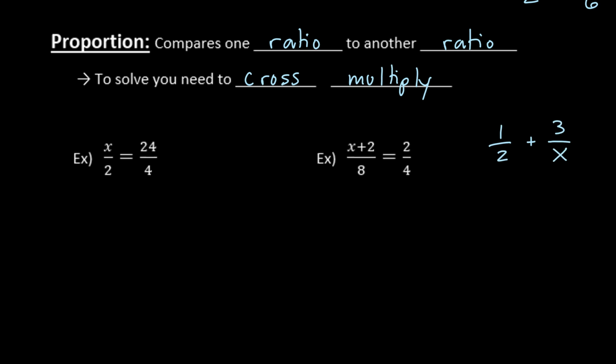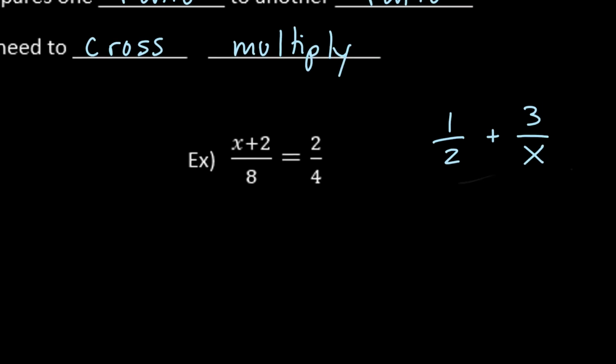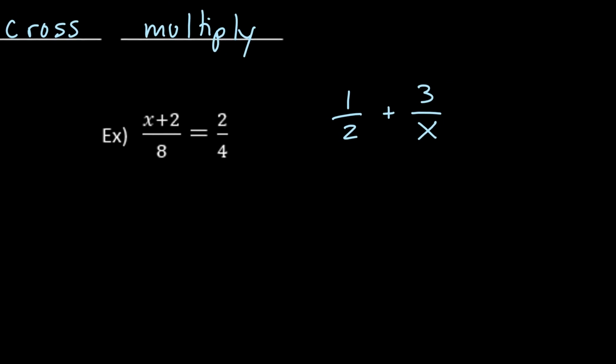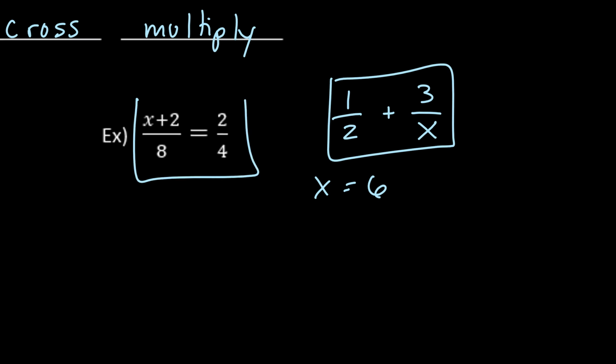If I had this, would I cross multiply? Do I do x equals 6? What is the difference between this and this? One of them has an equal sign and one of them does not.